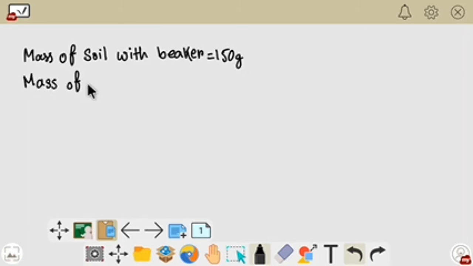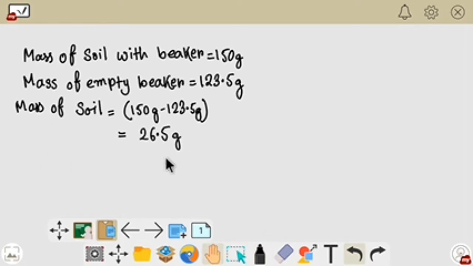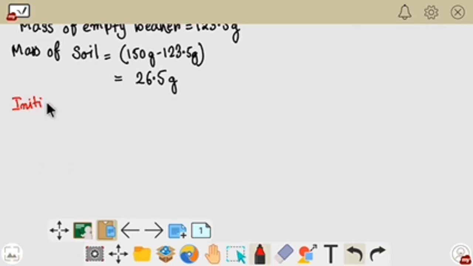Without soil, the mass of the empty beaker is 123.5 gram. That means to get the mass of the soil, we subtract this value. So the mass of the soil we get is 26.5 gram.